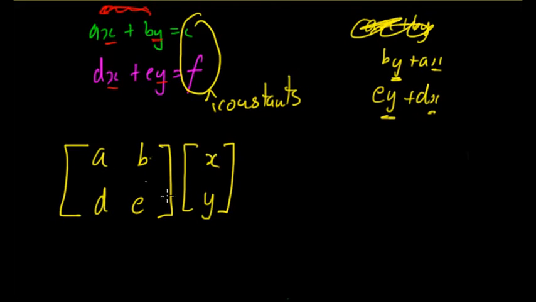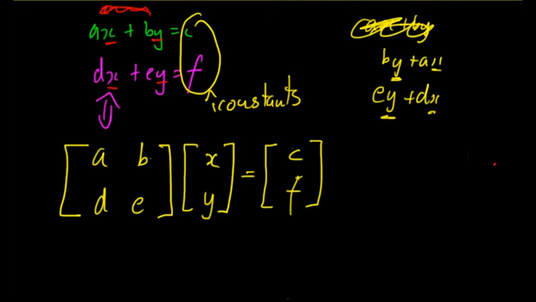So you can see how this is the same as these terms here. But now this is equal to the constants, so we put in C and F. So we've got this form: A, B, D, E, times X, Y is equal to C, F.